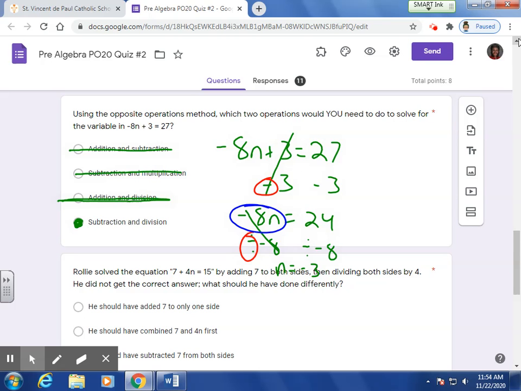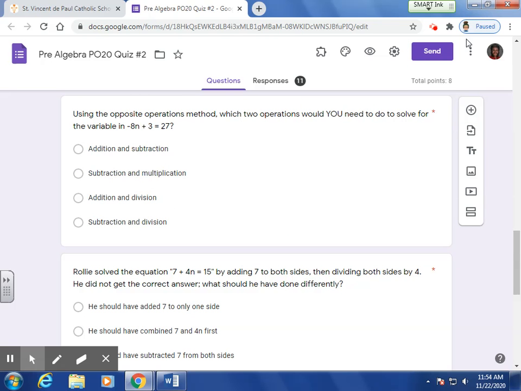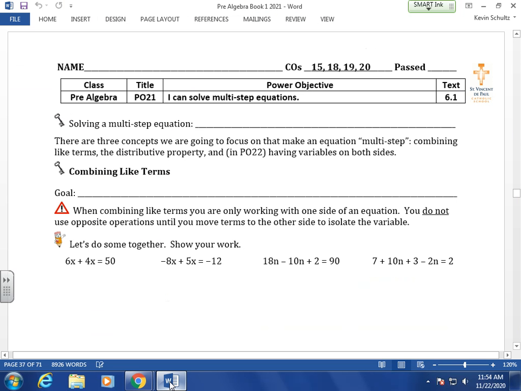So I want the two-step equation to be your comfort zone, your home base. Once you get here, then you're good to go to get n by itself. So let's take a look at what PO21 has in store for us today.